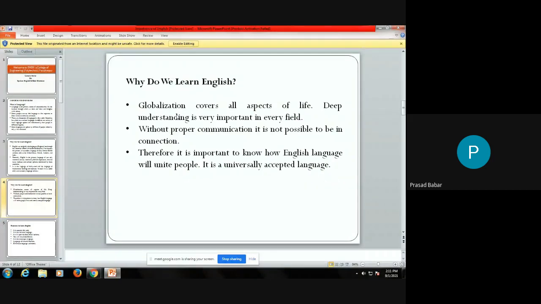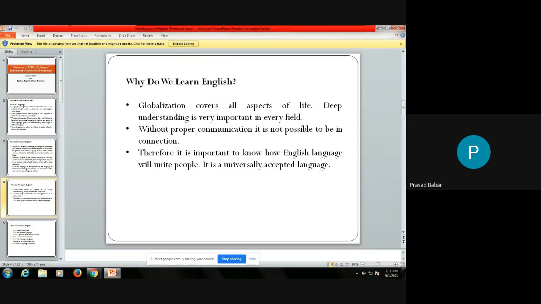If there is a communication gap between student and teacher, or child and parent, then how will that child convey his message, or how will that student convey to the teacher that he is not understanding whatever is being taught? So without proper communication, it is impossible. So that is why language is most important.